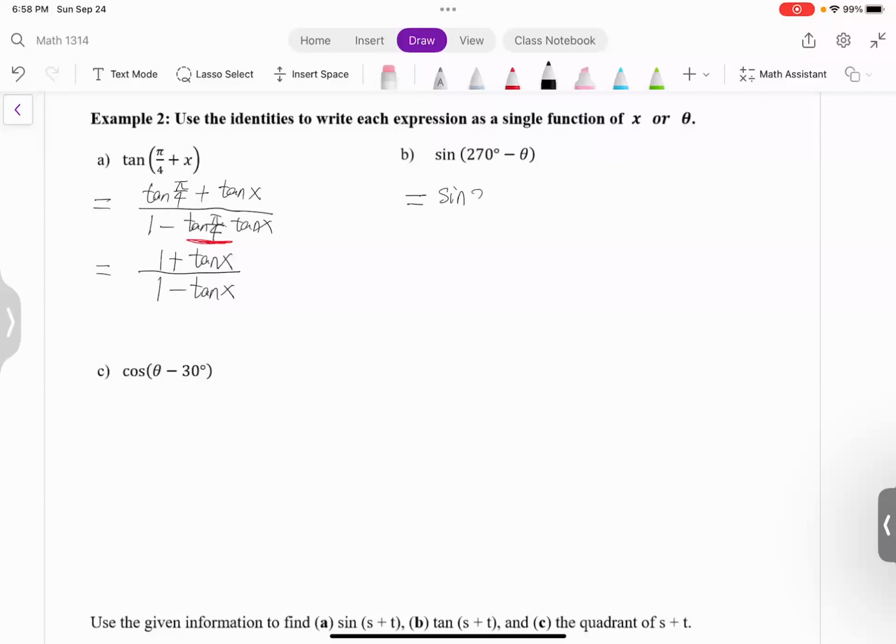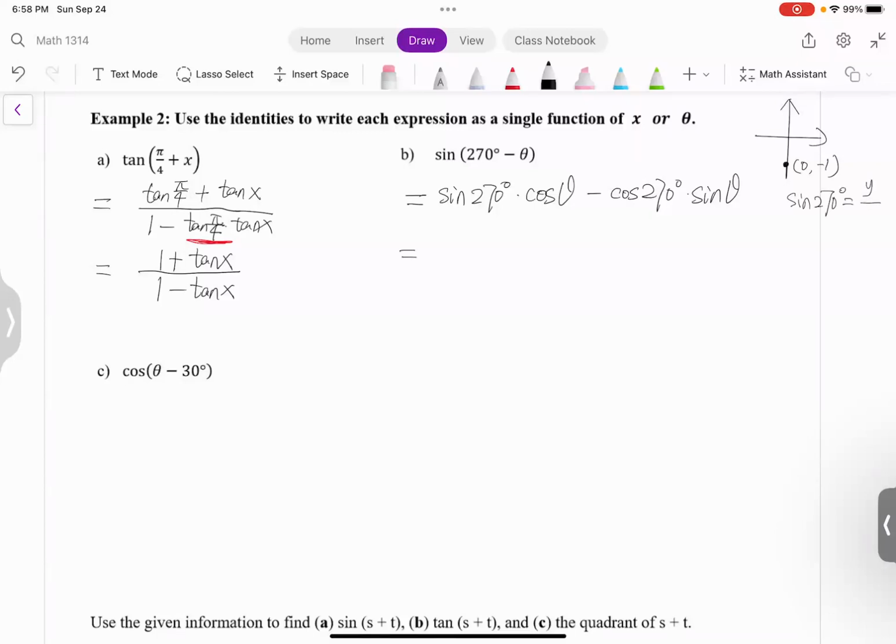We have sine 270 degrees times cosine theta, minus cosine 270 degrees times sine theta. What is sine 270 degrees? On the y-axis, the point here is (0, negative 1).